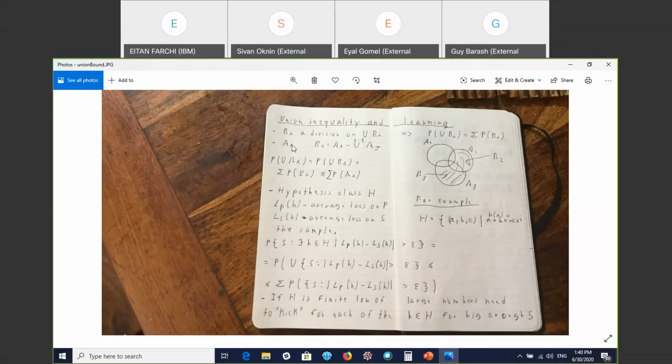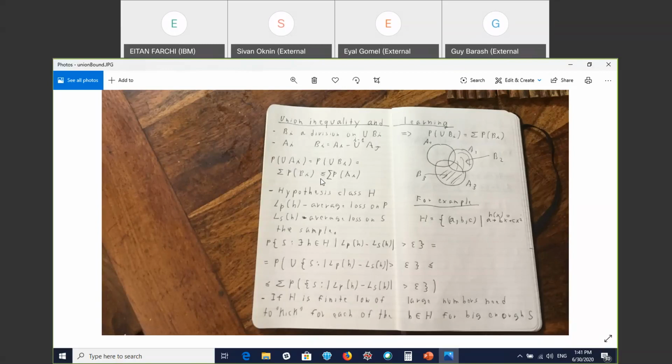So if you have a countable number of events, what is the probability of their union? Because the events overlap, we no longer have an equality, but instead we have an inequality.